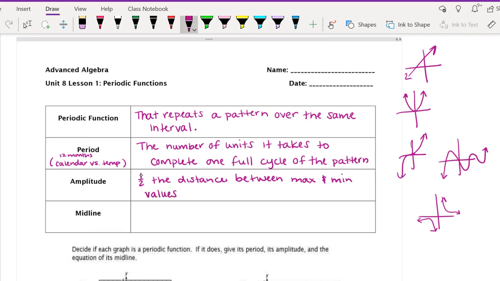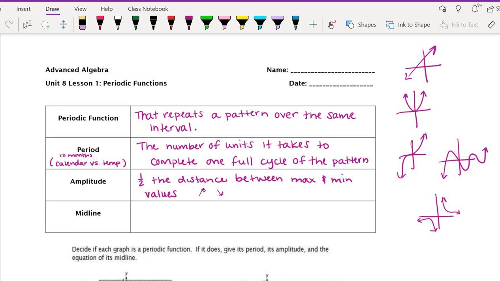Okay, the amplitude is going to be a really important value in our functions. We're going to use A to describe it. But basically, we're talking about how much do I go up and how much do I go down. And so that number is going to be the same. Whatever number we travel up, we're also going to travel the same number down.